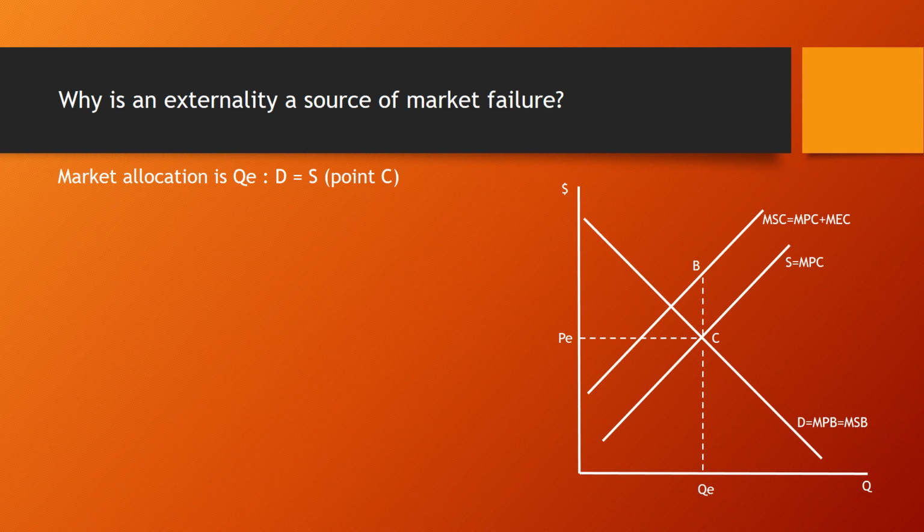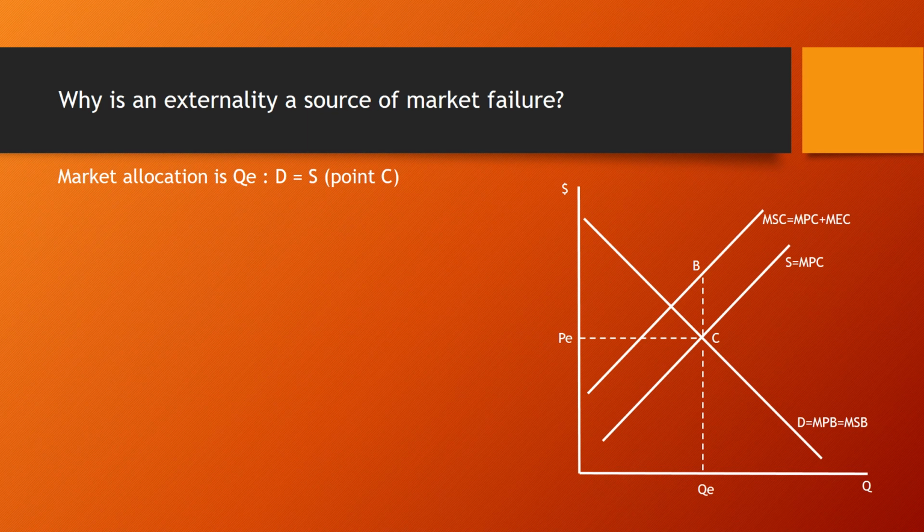Now, MPC is the marginal private cost of producing additional units of the good. This is the marginal cost of production for the businesses producing and supplying the good. When there is no negative externality, marginal private cost of production will be equal to marginal social cost, and that happens in a perfectly competitive market model.